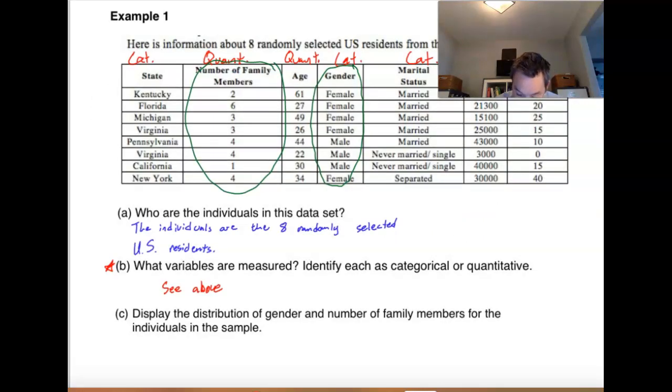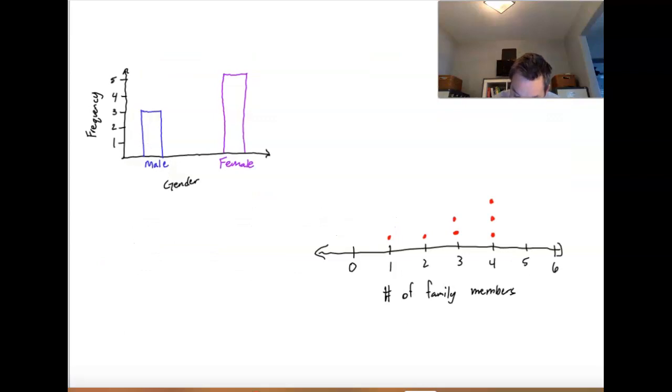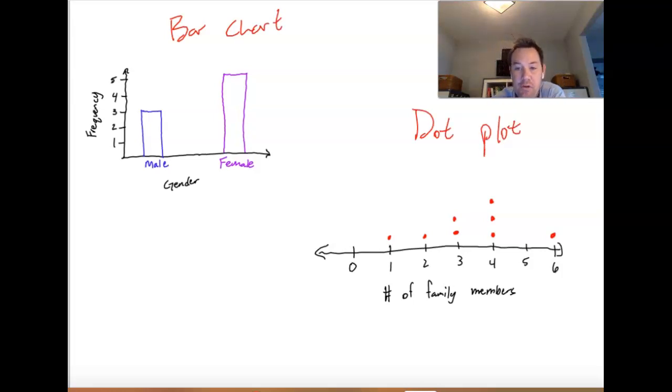And a 6. Perfect. So there's our two distributions that were asked for. First one is a bar chart. That's called a bar chart. Second one is a dot plot. So bar chart for categorical variables, dot plot for quantitative.